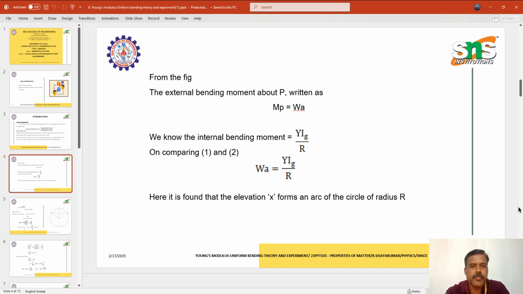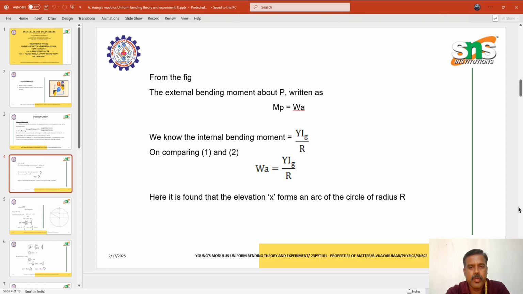From the figure, the external bending moment about P is written as Mp equal to Wa. The internal bending moment equals YIg by R. At equilibrium, the internal bending moment is equal to the external bending moment.